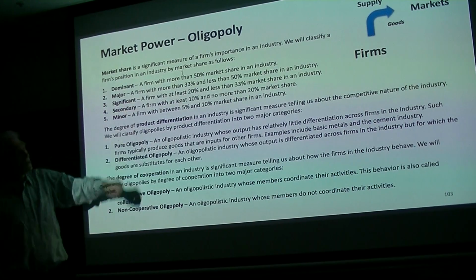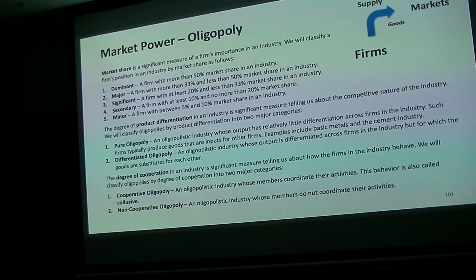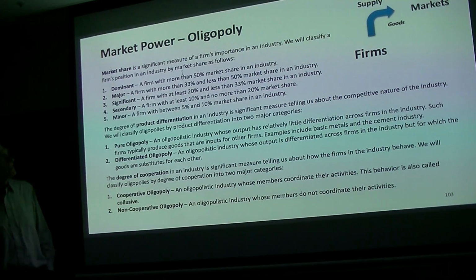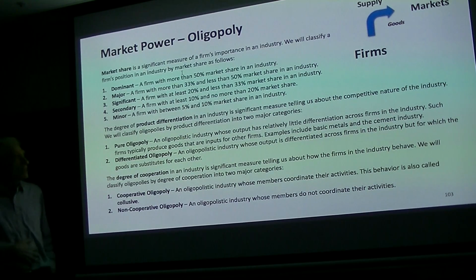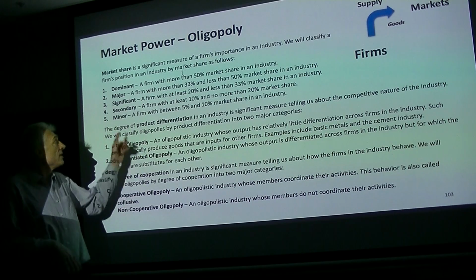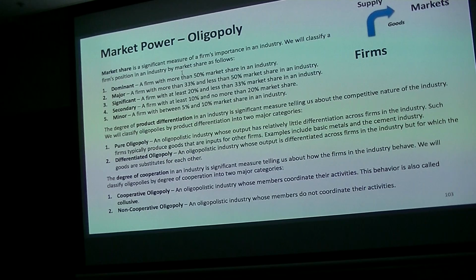But 33%, almost at 50%, that's very likely to be the most important firm in that market. A significant firm is a firm with at least 20% and less than 33% market share in an industry. Secondary, I say a firm with at least 10 and no more than 20%. And then minor firm, I say a firm between 5 and 10% market share in an industry.